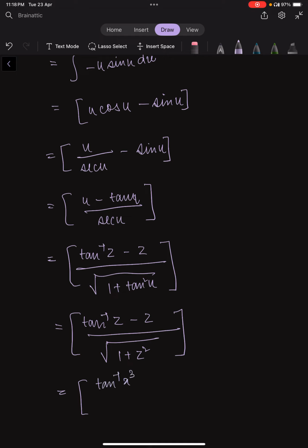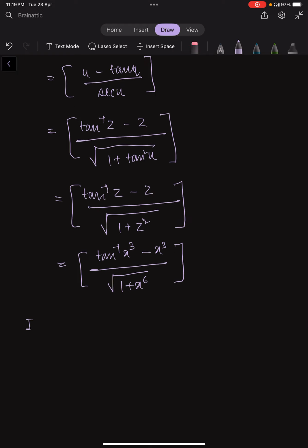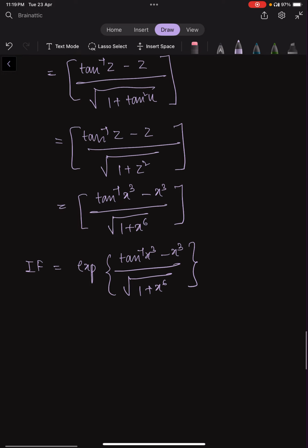So we have tan inverse x cube minus x cube by root under 1 plus x power 6. So we have solved the integral, and the integrating factor looks something like this: exponential of tan inverse of x cube minus x cube by root under 1 plus x power 6. So this is the major trick in this problem.